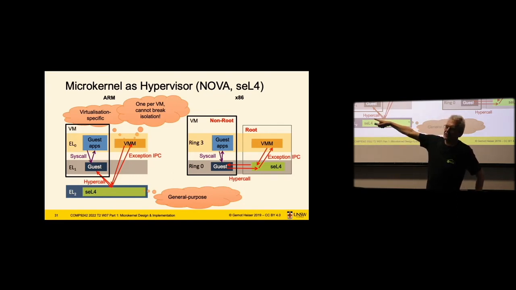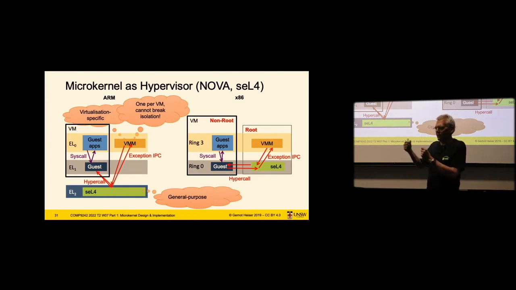In x86, the model is different. We have an orthogonal mode called root versus non-root mode, and the hypervisor runs in ring 0 of root mode, whereas the guest runs in ring 0 of non-root mode. But again, we have a deprivileged virtual machine monitor which runs in ring 3 of root mode.